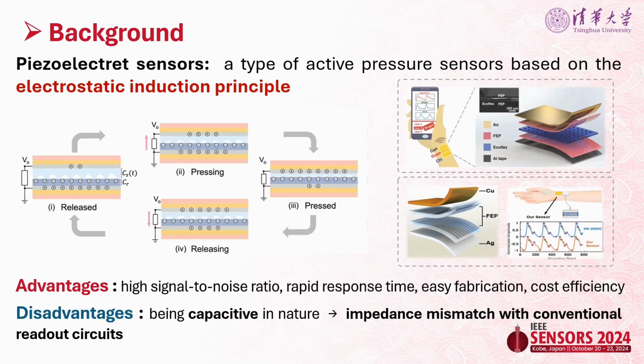However, there is a big challenge faced by them, that is their high output impedance because they are capacitive in nature. This can easily cause an impedance mismatch with some conventional readout circuits, further resulting in signal distortion.